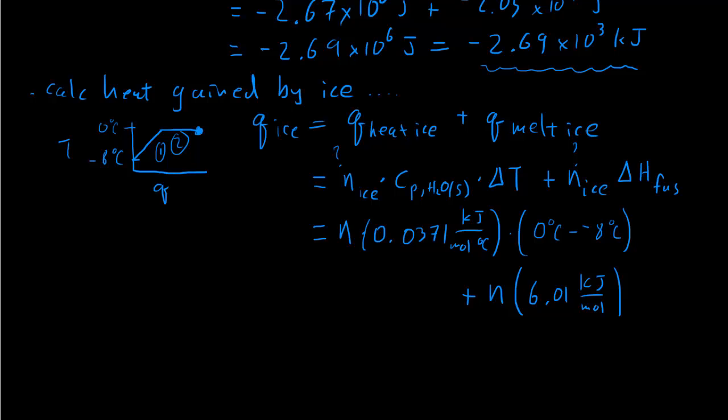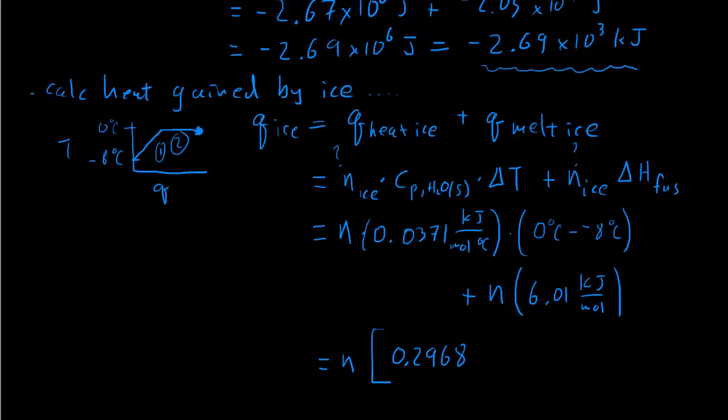Very good. So looking at this equation, I've got a whole bunch of numbers and an N, so I'm going to factor that N out. So the N comes outside. And then up here I've got 0.0371 times 0 minus a minus 8, so that's just plus 8. So I can multiply 0.0371 times 8. What number do I get? I get 0.2968.